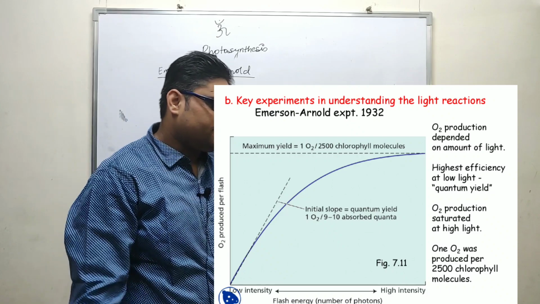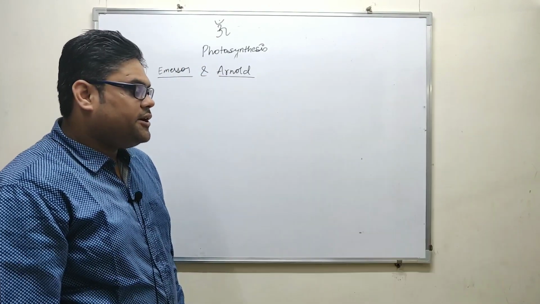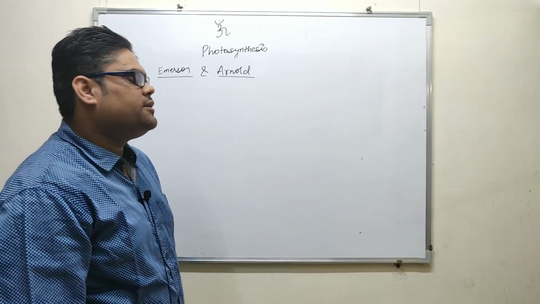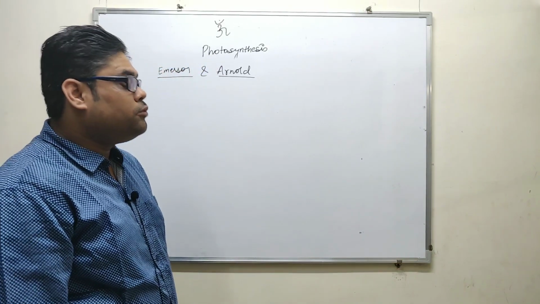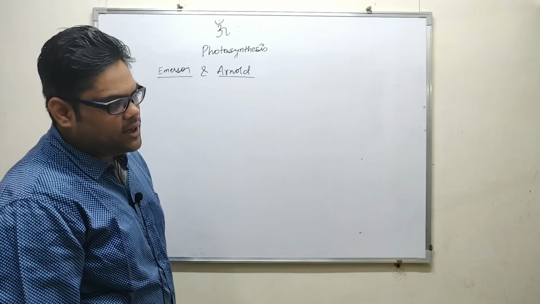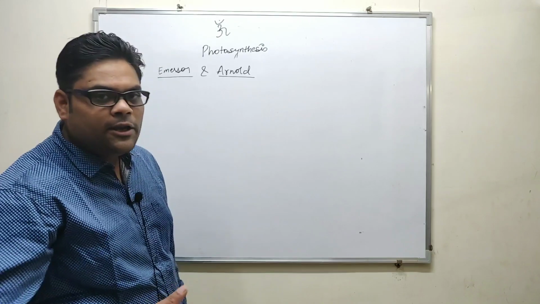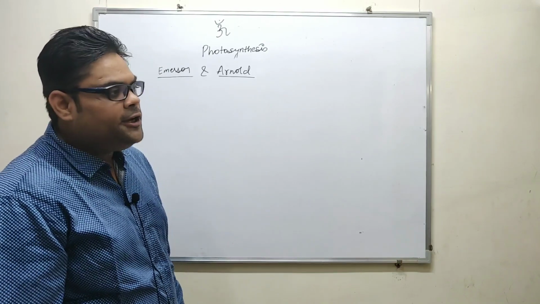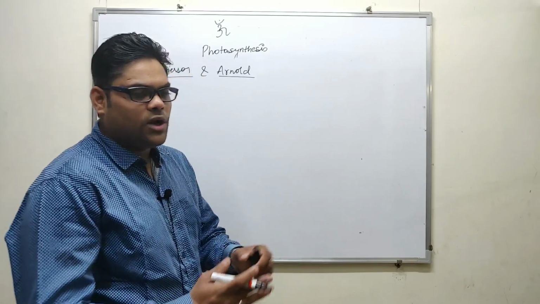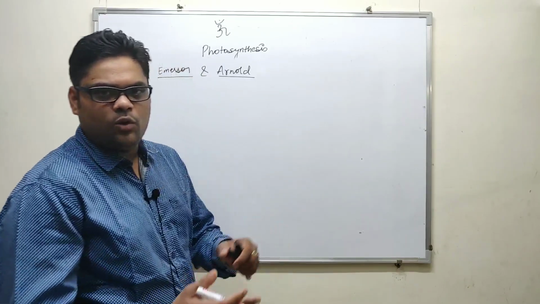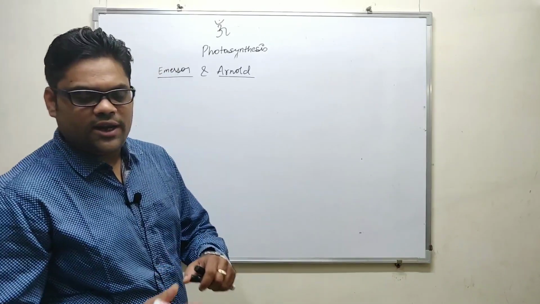They were the scientists who conducted a flashlight experiment, and in that experiment they came to know that light having intermittent intensities, intermittent intensities means light phase, then without light, then light, then without light, like that.